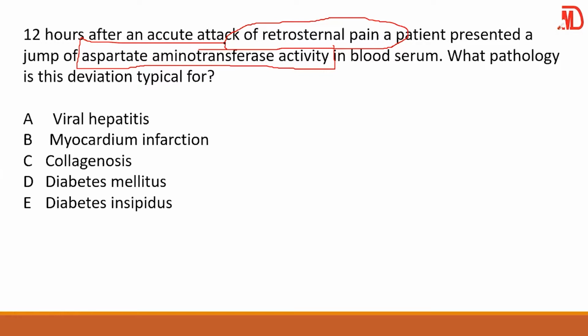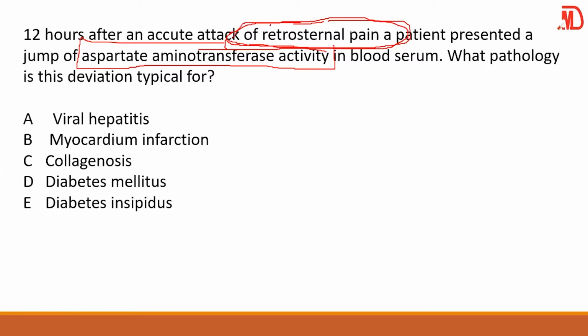Now over here, they didn't bring LDH1. If it were LDH1, of course, we know that this is myocardial infarction. But the clue here is that we are having retrosternal pain, which means it could be coming from the heart as well.